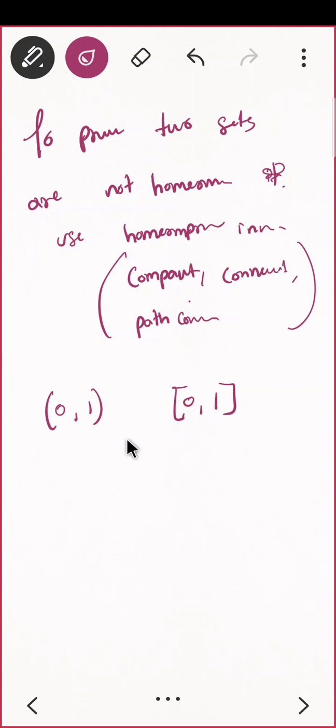Anybody? Can they be bijective? Can you get a bijection from this to this?